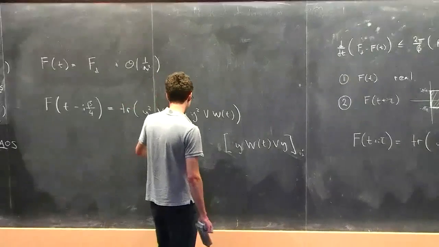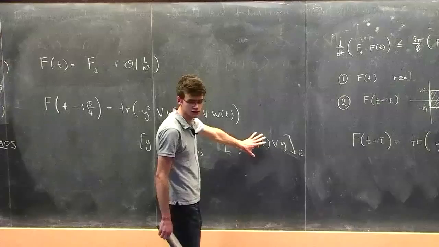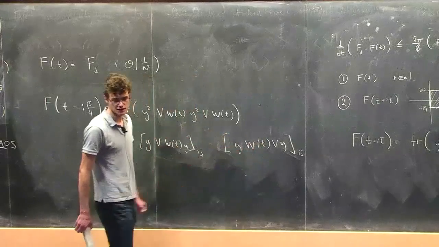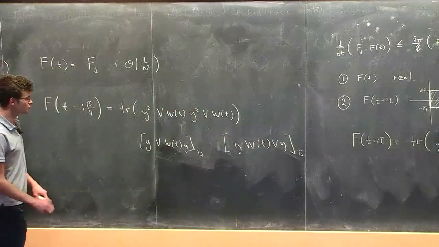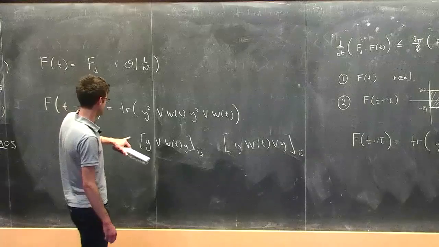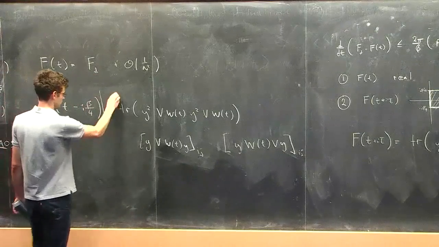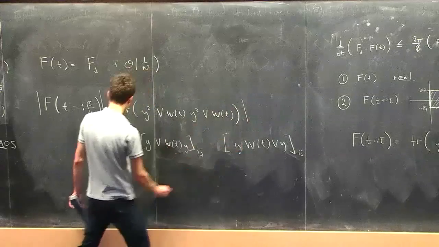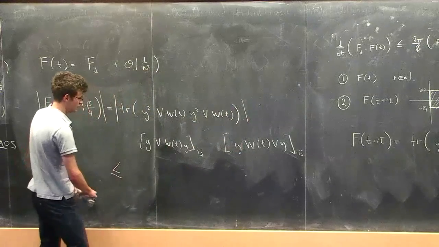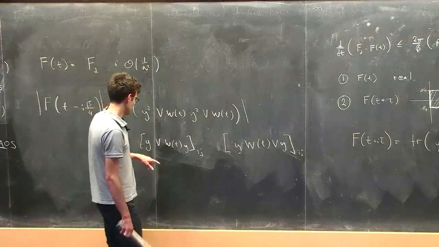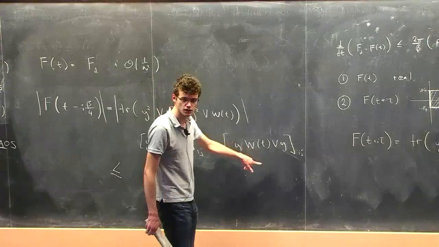That is, it's this vector multiplied by the complex conjugate of this vector and summed over the index. The Cauchy-Schwarz inequality then implies that this in magnitude is less than or equal to the square root of the product of the norms of these vectors.